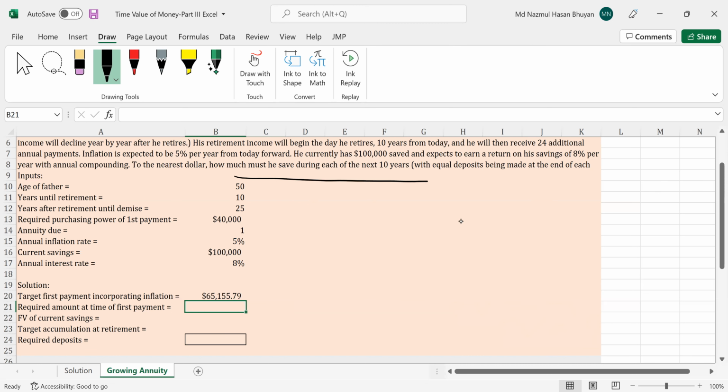Now, if we draw the timeline, so here you have time period all the way from 0 to 25, and then the periodic payment.